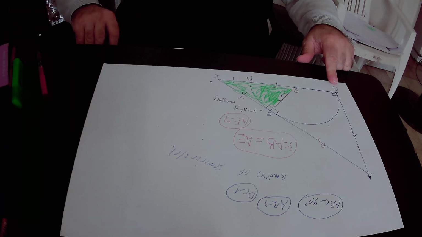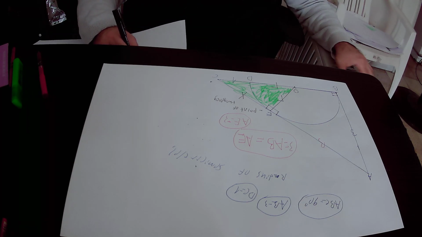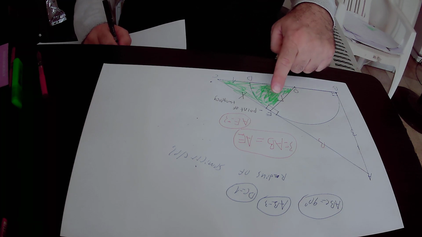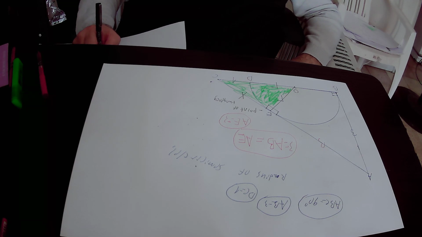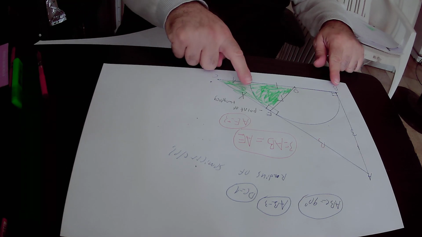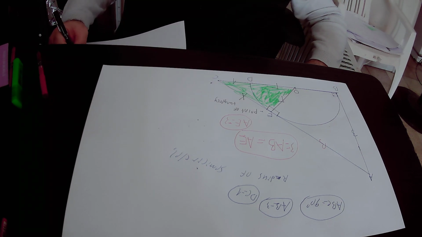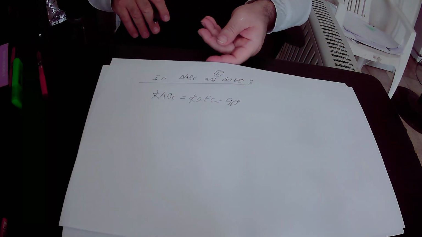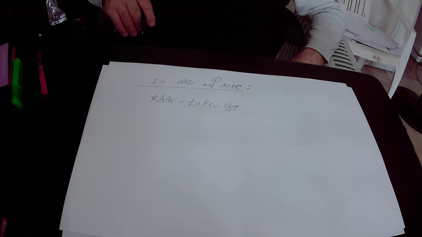Angle ABC of triangle ABC equals angle OEC of the green triangle, triangle OEC, and both angles are right angles. They are equal to 90 degrees.